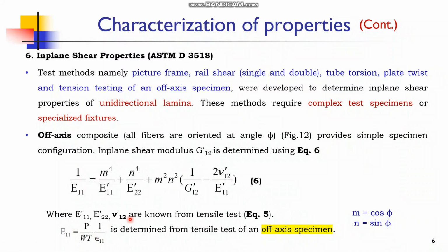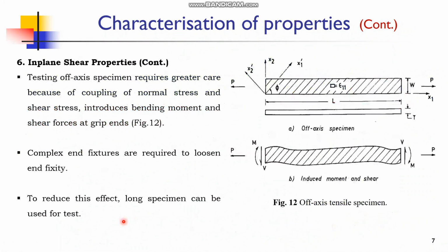But the challenge with this method of determining in-plane shear property is that utmost care is required to perform the off-axis tensile test, because there can be chances of coupling effect between normal stress and shear stress, or normal stress and shear stress can interact and lead to additional bending moment at the grip and shearing force at the grip points.